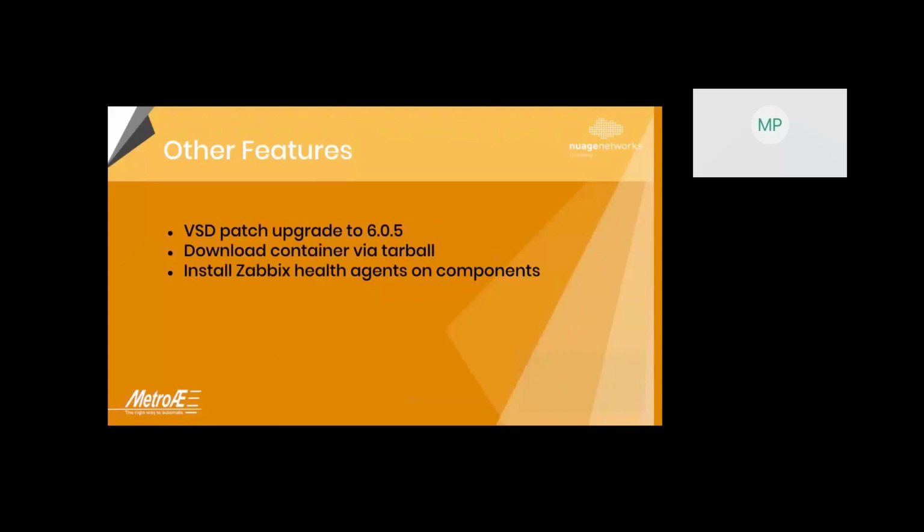So Zabbix is an open source tool that provides performance monitoring, like CPU and memory usage, on several Linux-based devices, and these can be installed on any of the Nuage components that can support the Zabbix health agents. So that would be things like the VSD, Elasticsearch, VNS utils, etc.